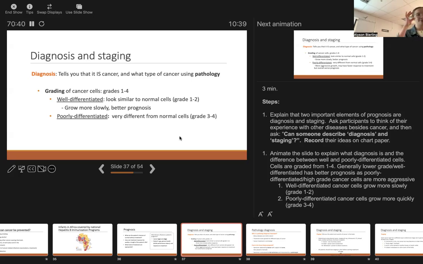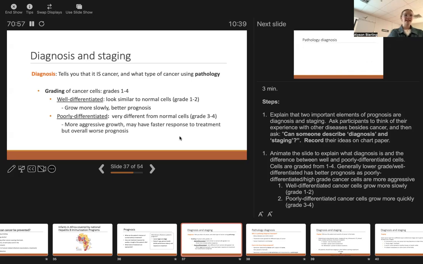Again, if we use the example of a melanoma that develops in the epidermis, those melanoma cells are going to look more different from a normal epidermal cell compared to a well-differentiated cancer. Poorly differentiated cancers grow more aggressively, more quickly. They might initially respond faster to chemotherapy or to radiation therapy, but overall, the prognosis for these patients is worse.